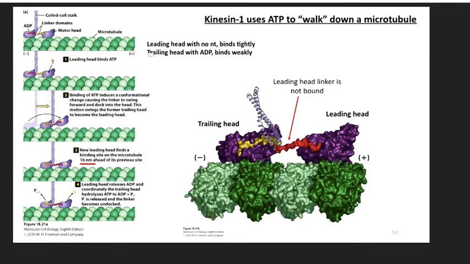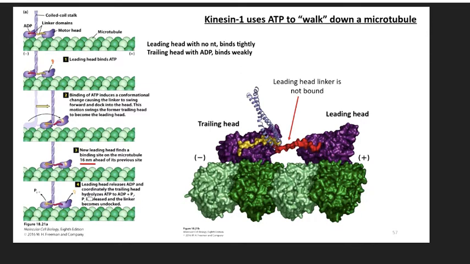Steps are very important. What's happening at what point? Because here, when it binds to the ATP, which causes a conformational change in the linker domain, which causes the trailing end to swing forward and become the leading end or leading head.